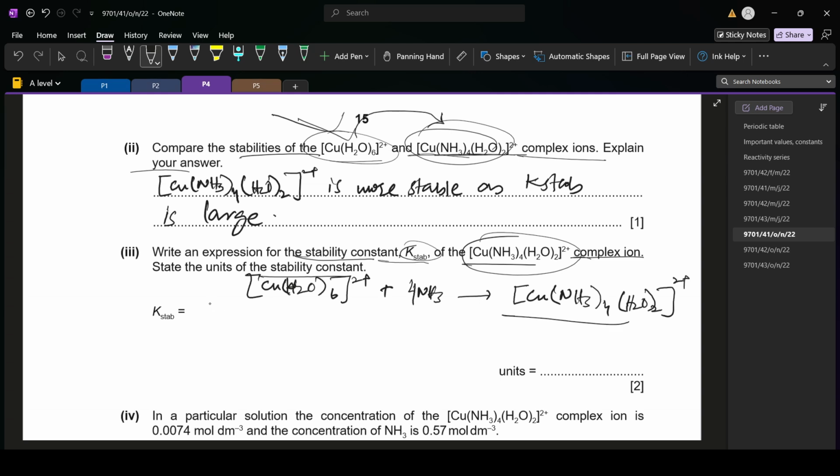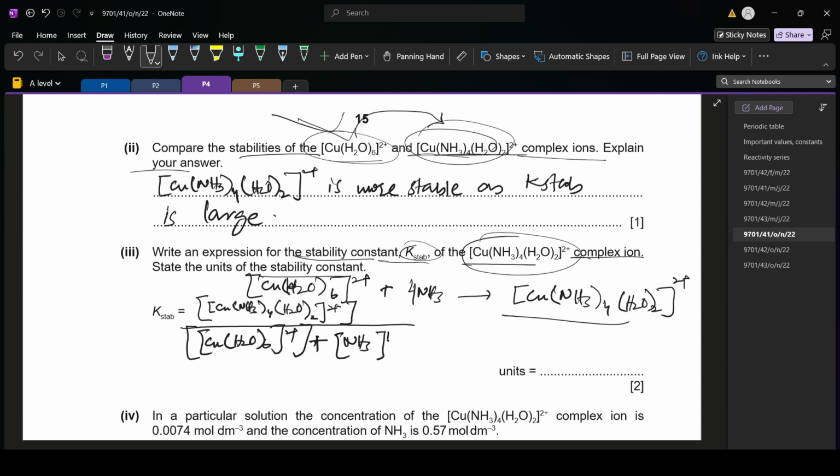K stability is going to be the concentration of this complex of copper which is formed, divided by the concentration of this complex of copper and the concentration of ammonia. Ammonia has 4 moles, so it will be to the power 4, you know that.